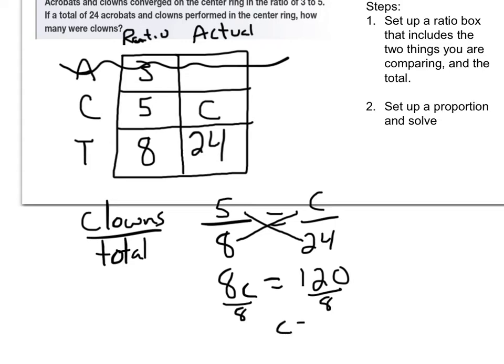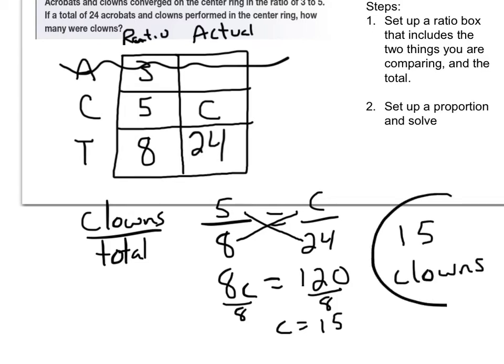So I'm going to get C equals, and then 120 divided by 8, and that is 15. Okay, so I've got 15 clowns is my answer. We always need to make sure we answer the question. Okay, so 15 clowns. Then if they happen to ask you how many acrobats there are, well, then we got 24 minus 15 will give us 9 acrobats.